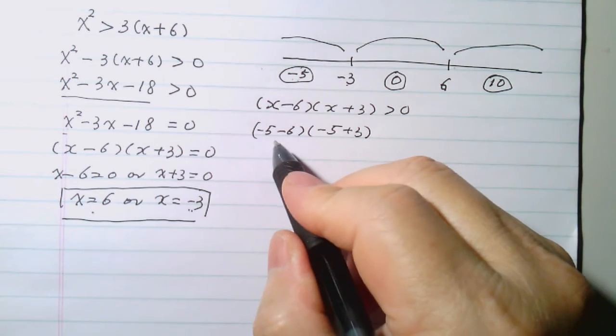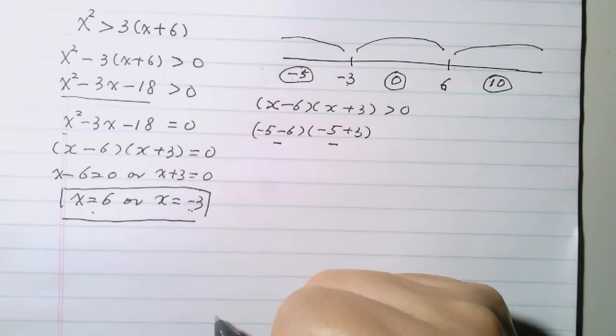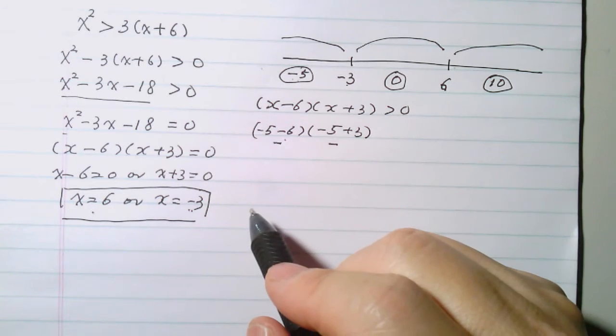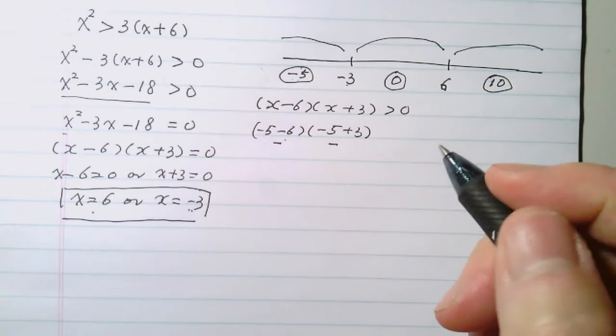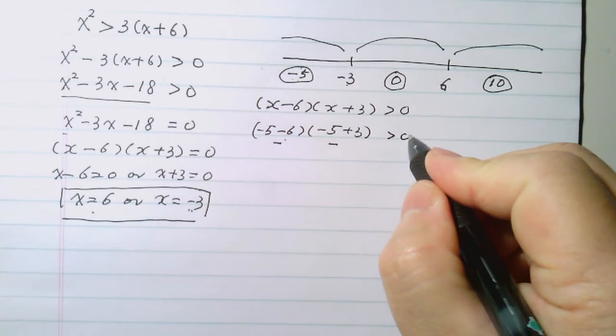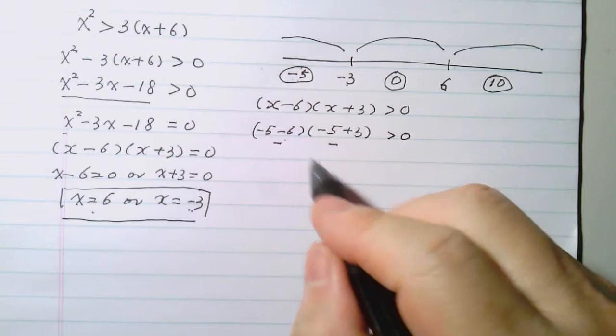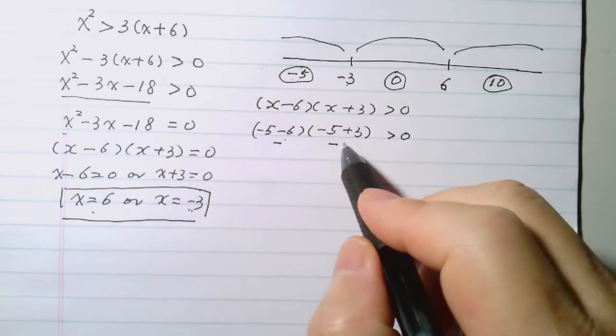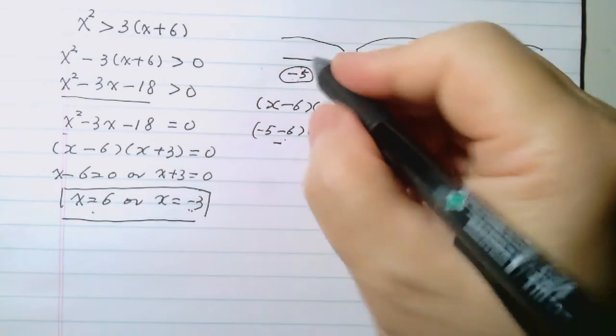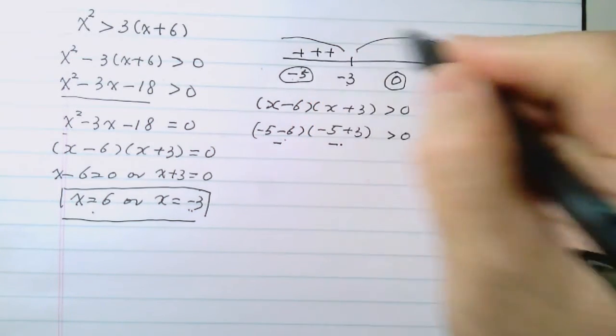This is a negative number, this is a negative number. Two negative numbers multiplied together is greater than 0. I don't have to evaluate exactly what that equals, all I need is just the sign. So this is greater than 0.